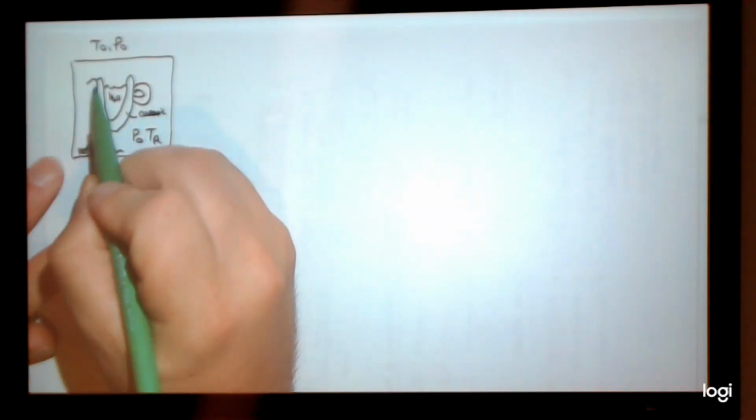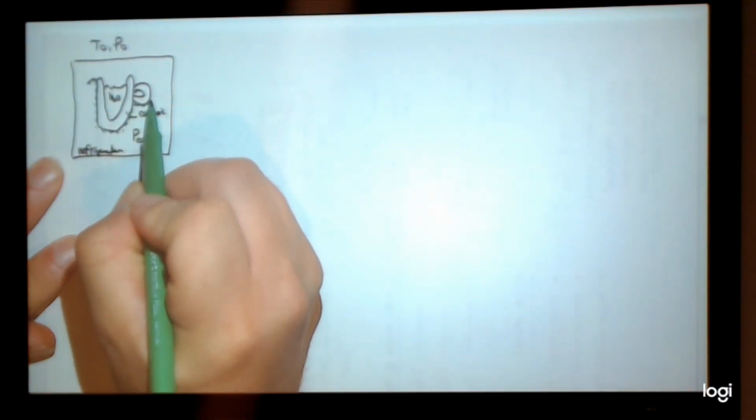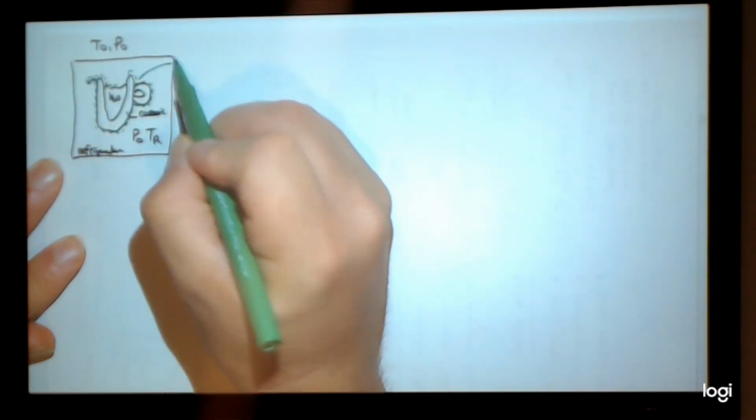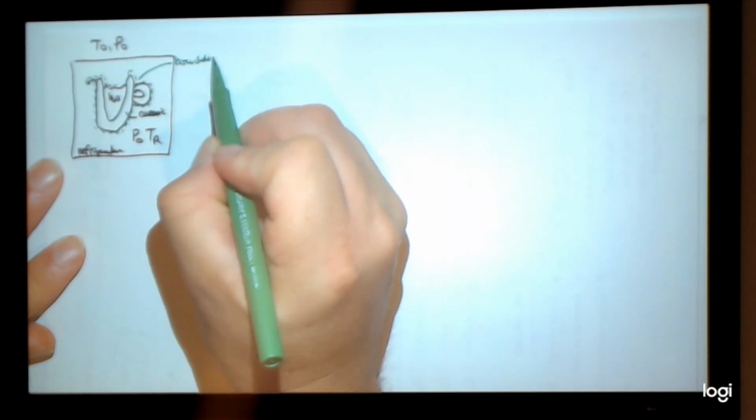If I want to do a boundary on this, I can draw a boundary around it, and let's put the boundary like such. So here's my boundary. Okay.